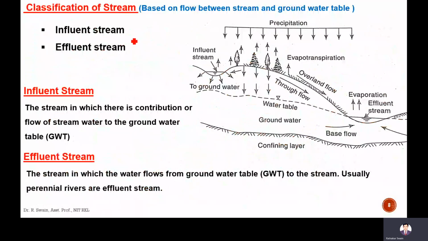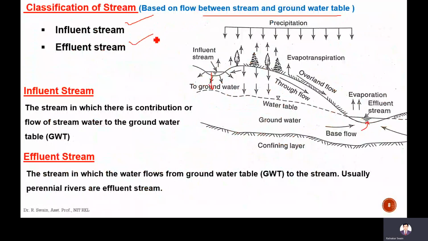Next, classification of streams based on the flow between stream and groundwater table: from stream to groundwater, and from groundwater to stream. Two-way flow can occur. One is an influent stream, one is an effluent stream.